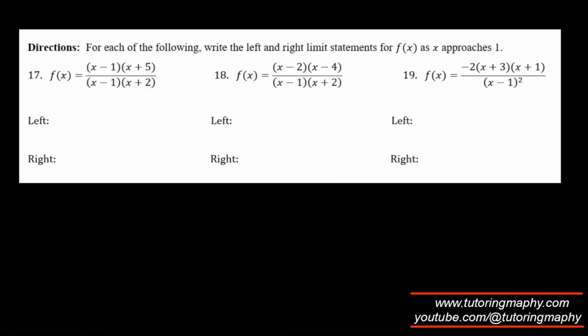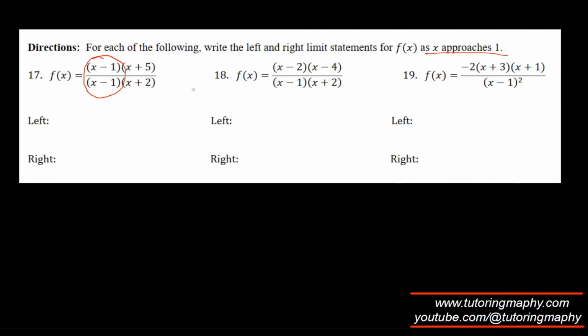All right, let's talk about this one. For each of the following, we have to write the left and the right limit statements for f of x as x approaches 1. First we have to figure out whether 1 is a hole or a VA. We can clearly see that here 1 is a hole because the x minus 1 factor is at the top and bottom with the same degrees.